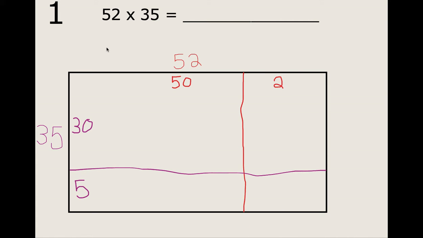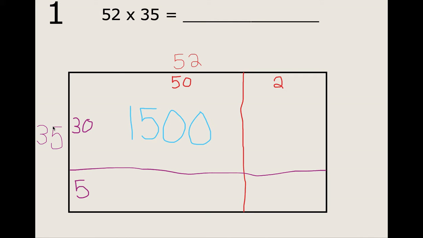So now that we have our numbers broken up and it is easier to solve the multiplication problem, we are going to start by multiplying 50 and 30 together. A simple way to get the product of 50 times 30 is to ignore the zeros and multiply 5 times 3, and then add the two zeros on the end, which will give you the product of 1,500.